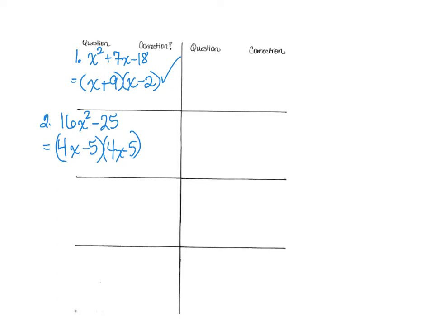So that's why there's enough room for you to do the correction to the side. And you'll just say, this is a difference of squares. And the correct answer should have been, you put a strike through the incorrect one, 4x minus 5 times 4x plus 5. Do not erase the incorrect work. I need to see both, and I've given you ample amount of space.